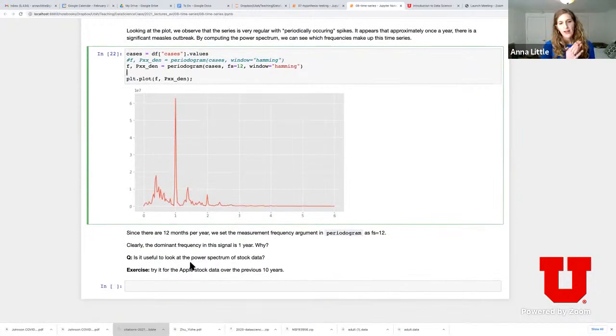Okay, so one question that's useful to think about is, why is this type of analysis useful for stock data? Why or why not? Does anybody have a thought on that they want to put in the chat?